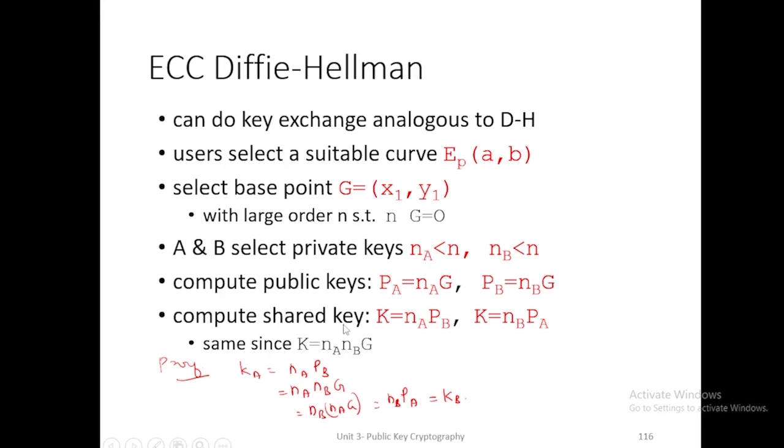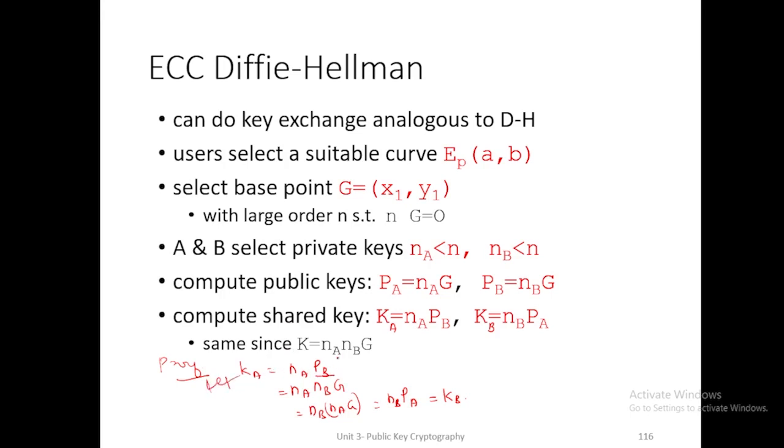Then calculate the shared key value. K is equal to NA into PB, calculated at user A. So KA is NA into PB, and KB is NB into PA. We want to prove whether these two are equal. Let us take KA equal to NA into PB.